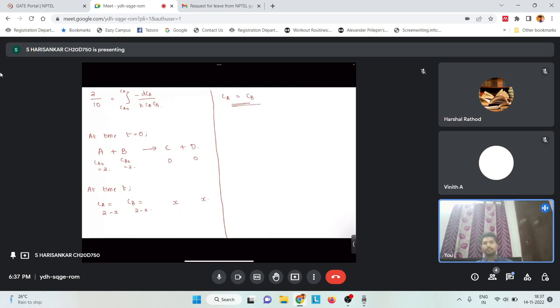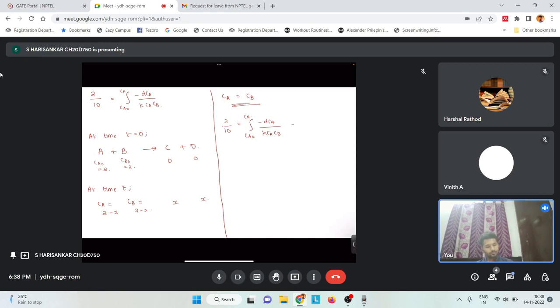So we can substitute this concept into our design equation. In our design equation, we had 2 by 10 is equal to integral Ca0 to Ca minus dCA by kCACB. We can write the CACB as CA square itself, because CB is equal to CA, as we have established so far.